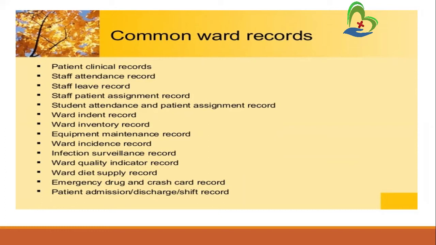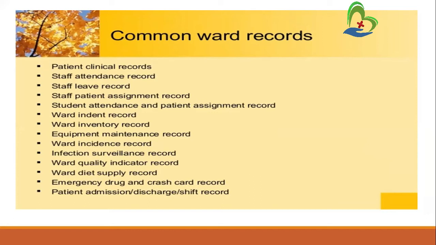Staff patient assignment record means the daily assignment of staff to patients, like staff explain some new things to the patient, and the patient also learns from staff. Okay, staff also learn from the patient. So this is the assignment record between the staff and patient. Then student attendance and patient assignment record.